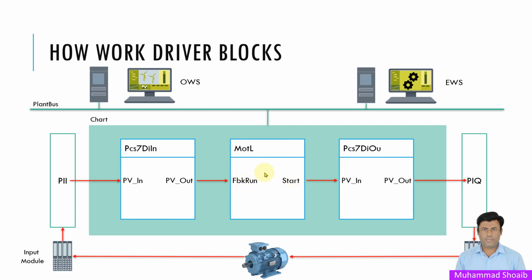The motor block will execute the logic, and after that it will give another command signal, that is a motor start command or stop command signal. Then our PCS7 digital output driver block will read that signal and write that signal value in the process image output, PIQ. Then PIQ will write this signal to the output module, and then it will convert it into electrical signals.